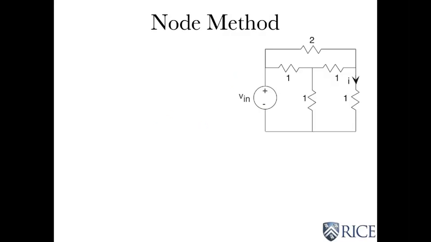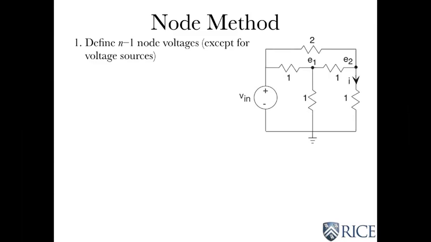The node method is very easy and very simple. So here's our circuit. And what you do is you start by defining what are called node voltages. You pick a node as a reference, and usually it's the one that you don't write KCL for if you use the old techniques. There's usually this big node at the bottom, and I'm going to pick it as being the reference. And that symbol means the reference.